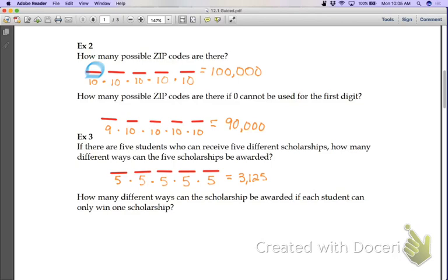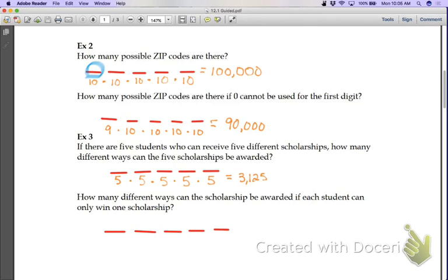Now, the second one says, how many different ways can the scholarships be awarded if each student can only win 1 scholarship? So we still have 5 people, that hasn't changed. There are still 5 scholarships.